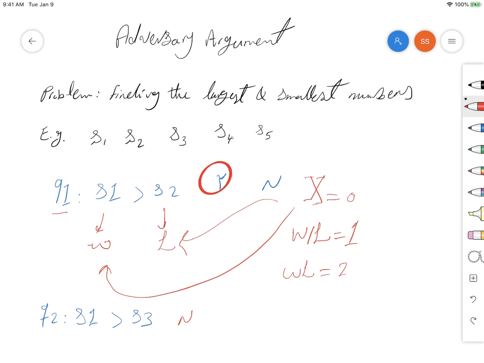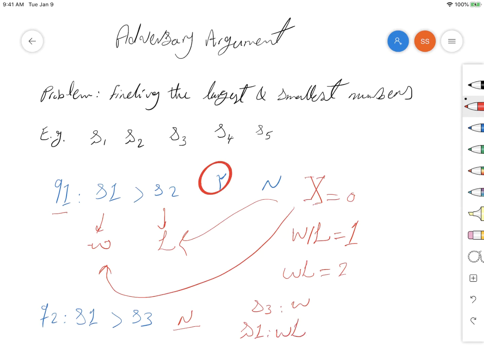Now we compared it with S1, which had the status W. The answer is no, so it means that S3 is greater than S1. So the status of S3 becomes W, and the status of S1 becomes WL.